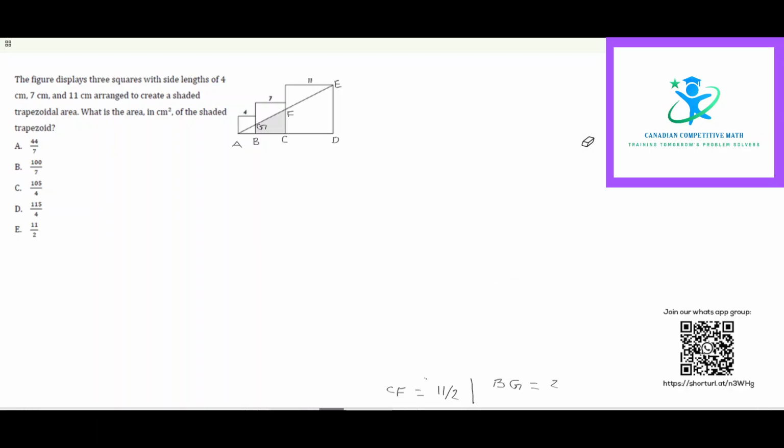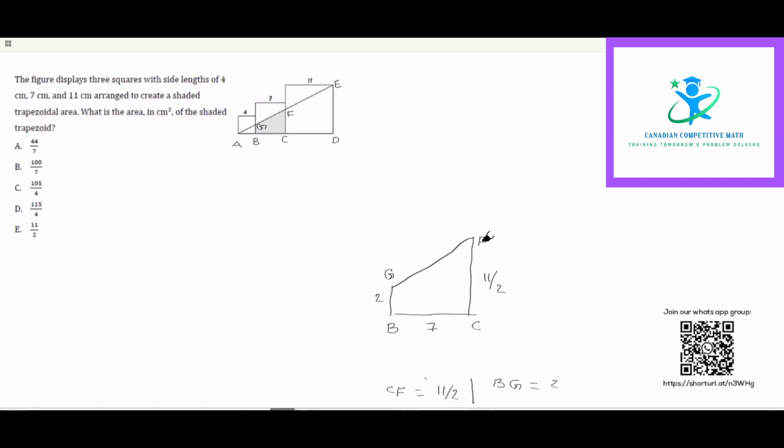Now, if I take this trapezoid, I know that BC is 7, BG is 2, CF is 11 by 2. Let me name this B, C, G, F.